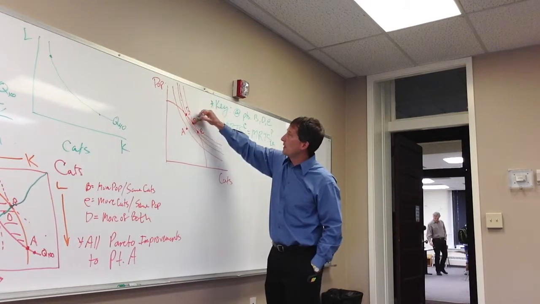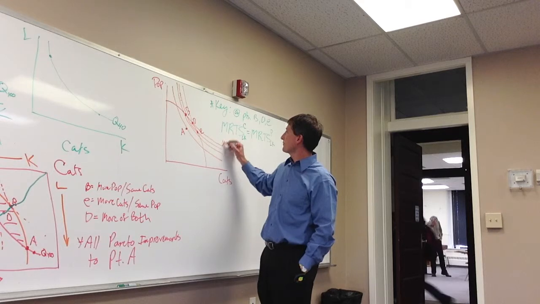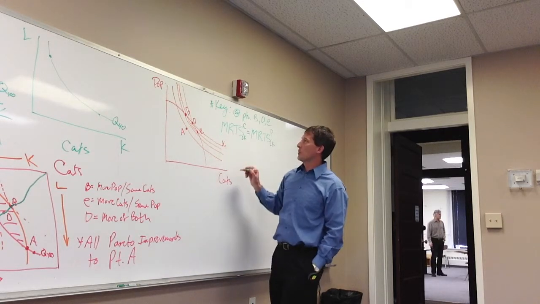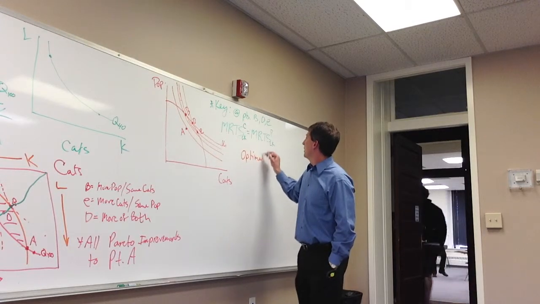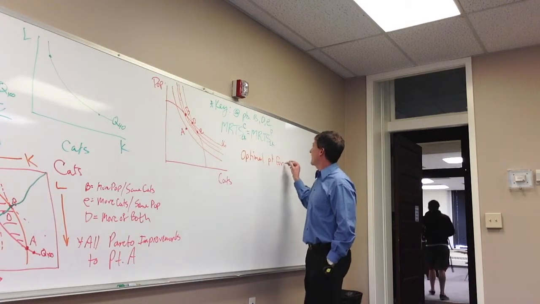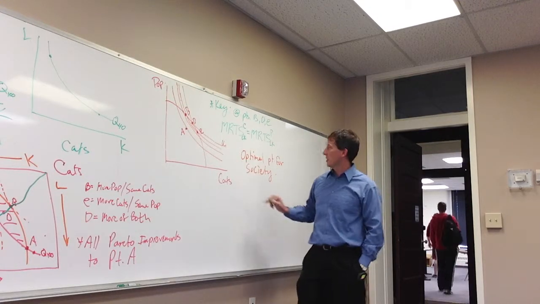Our final welfare condition is having an indifference curve that's at the highest point. So the optimal point for society has all of these conditions overlapping each other.